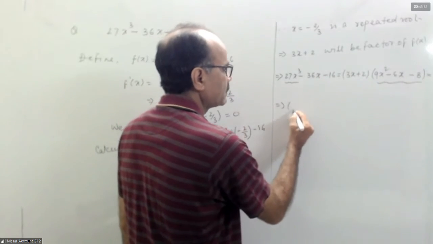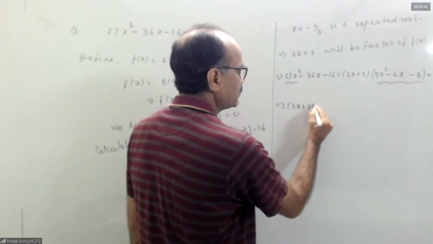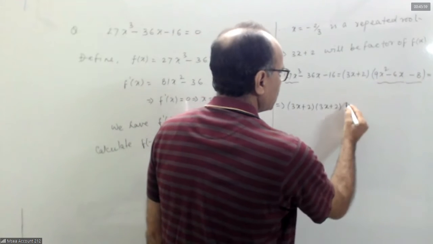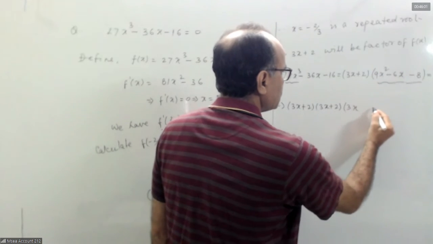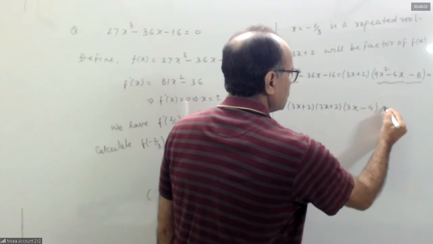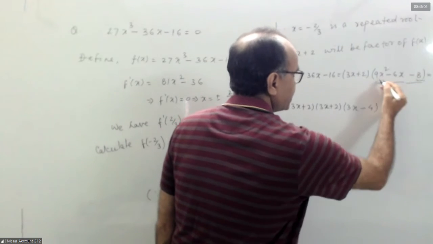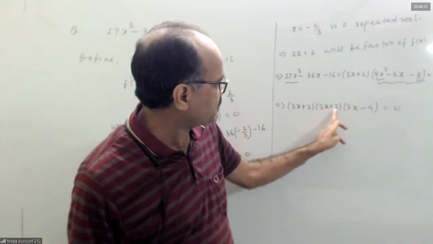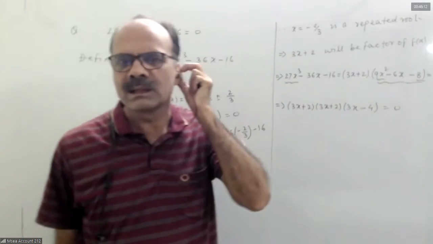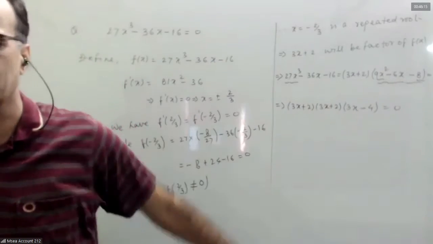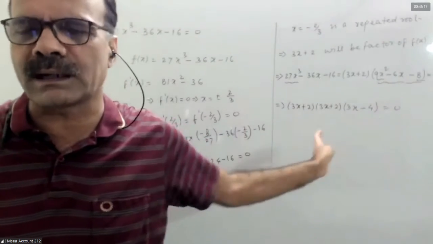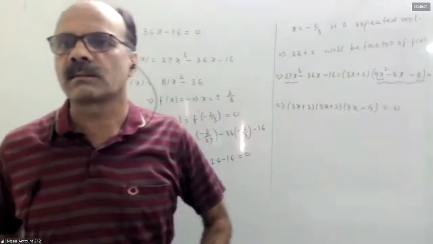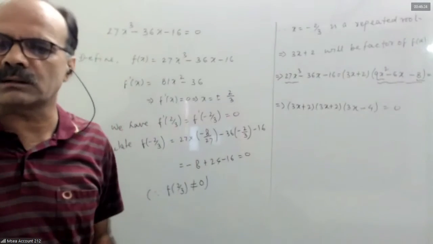So this implies 3x plus 2 into 3x plus 2 into 3x minus 4. I just need to adjust the first term and last term: 9x square, and 2 into minus 4 is minus 8. Here also you don't need much time. If you know how to factorize, just adjust the first term and last term and we'll get it. No need for synthetic division or anything.